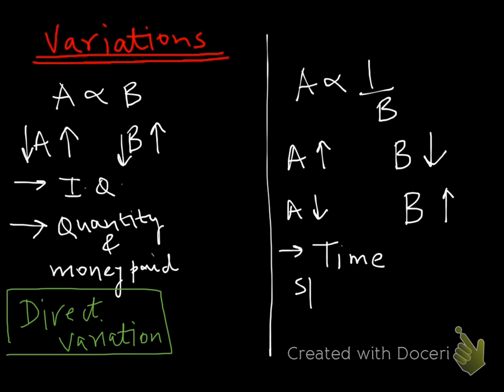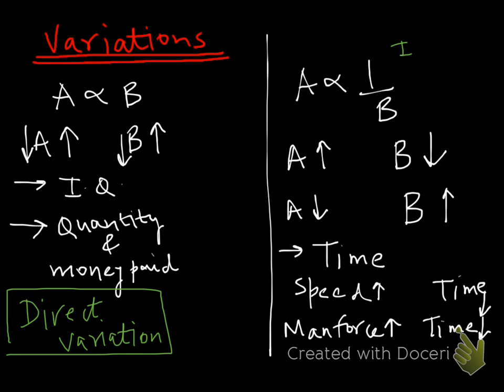Most of the things related to time have an inverse relationship. For example, speed. Whenever my speed goes up, my time to travel comes down. If my speed is less, the time would be higher. Another example could be manpower. The greater the manpower that I employ for my project, the lesser will be the time. Pretty simple examples.